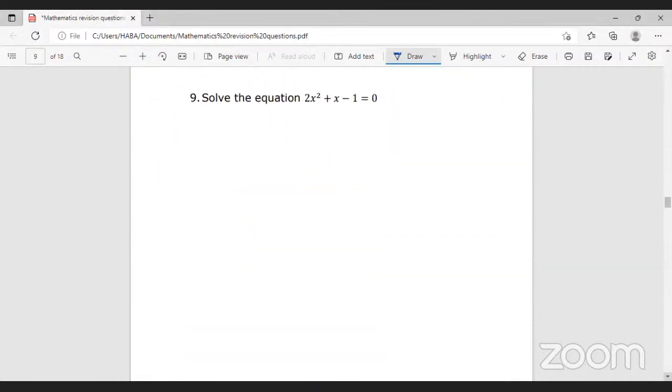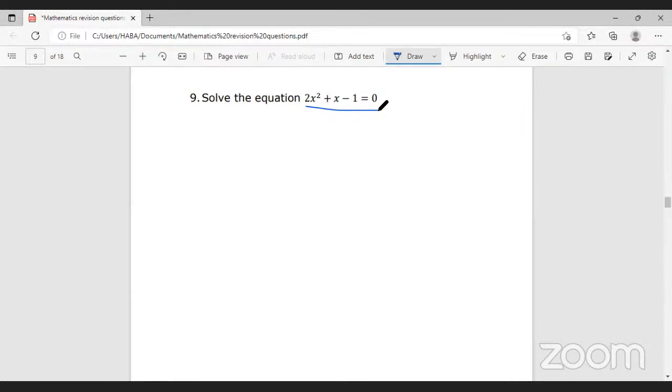Solve the quadratic equation. 2x squared plus x minus 1 is equal to 0. Any idea of how we solve it? Yes, solving quadratic equations.